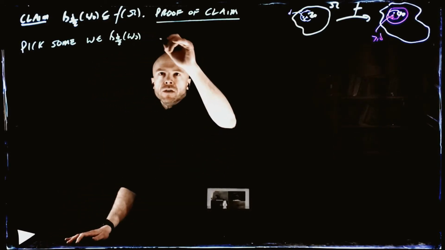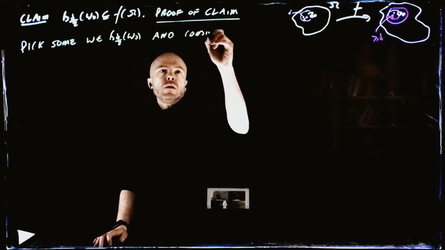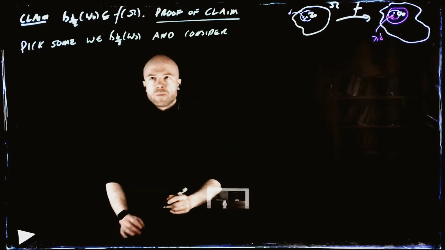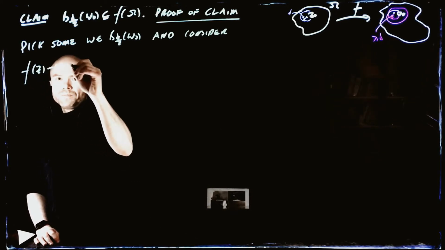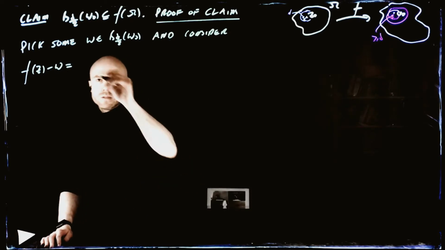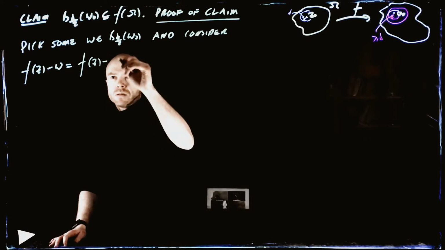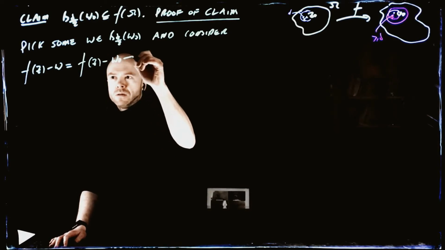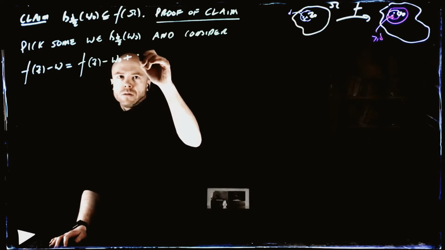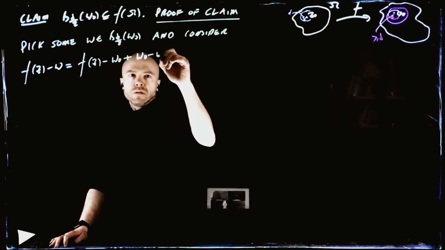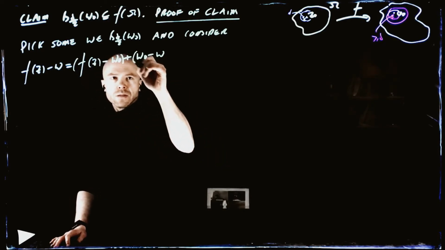Okay, and consider the mapping f of z minus W. Okay, and we're going to break this up into f of z minus W0 plus W0 minus W. Okay, and I look at these things separately like this.